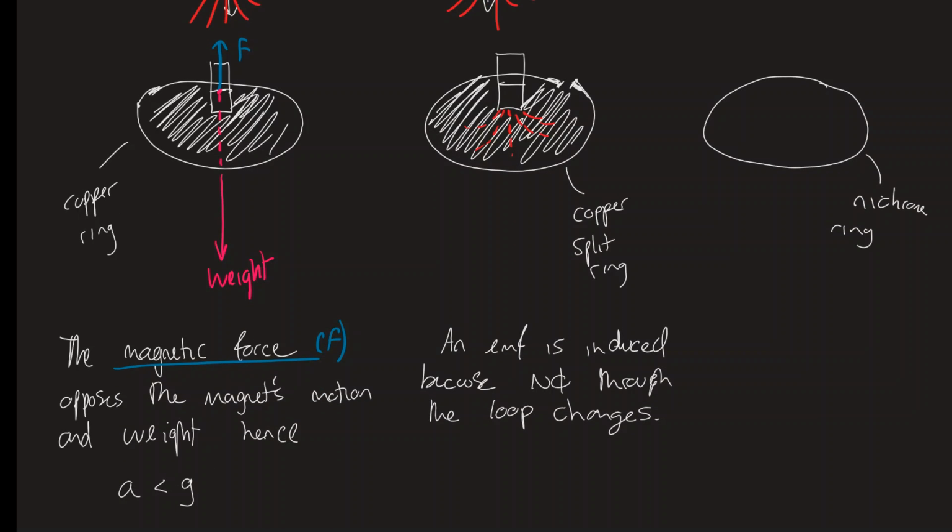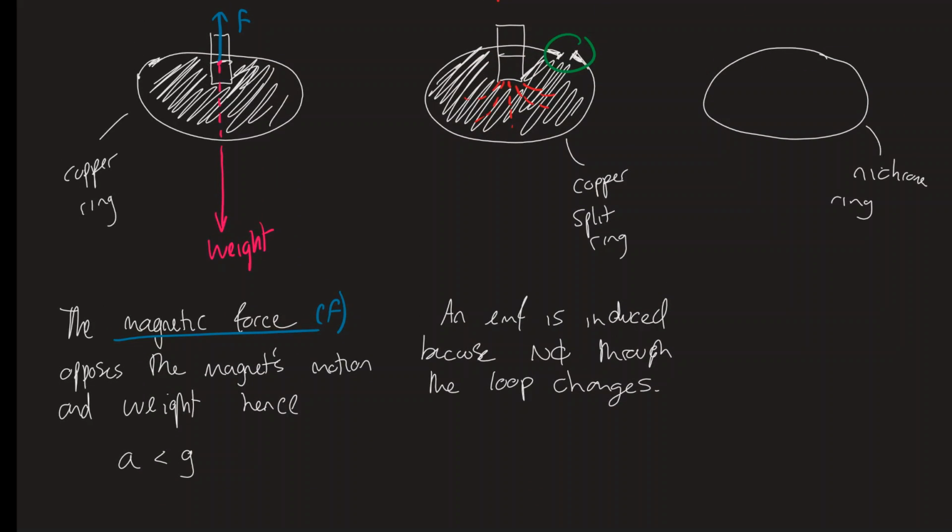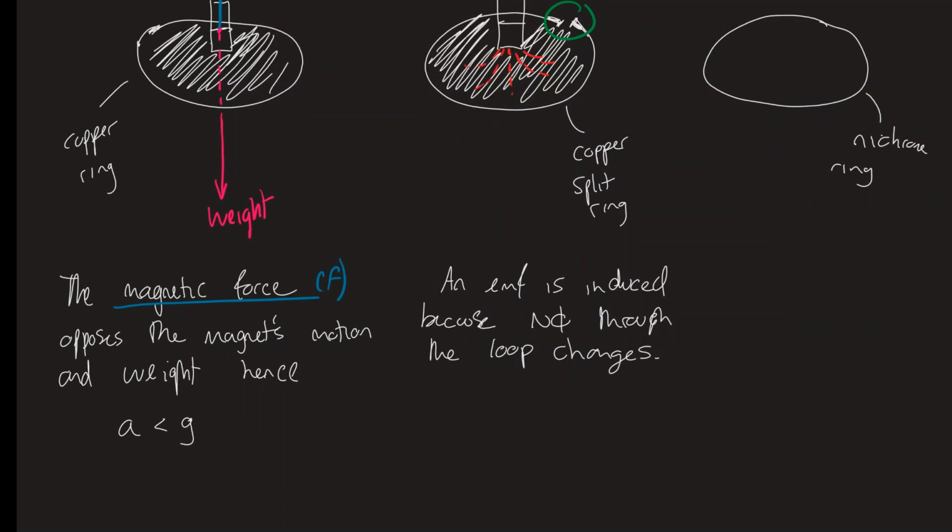But the really important bit here that leads to an important difference is that break there circled in green. The circuit is not complete.